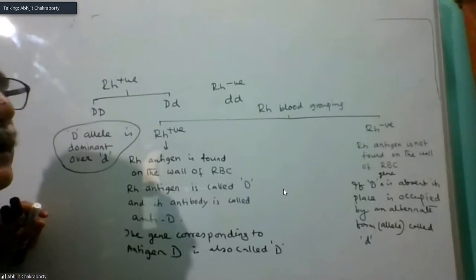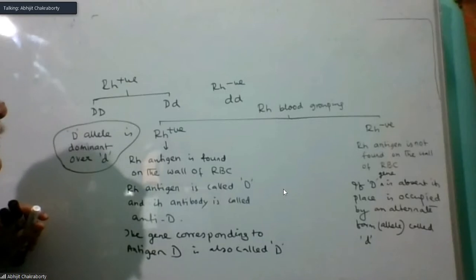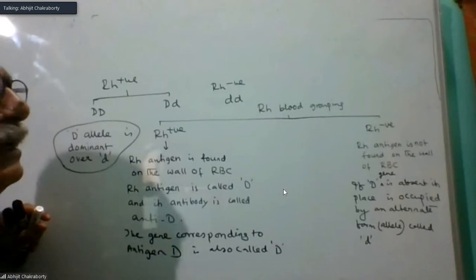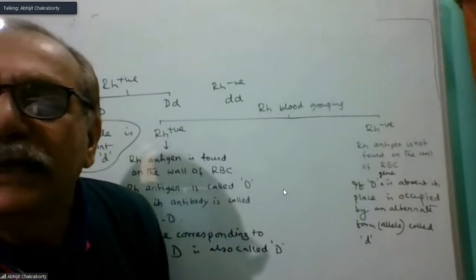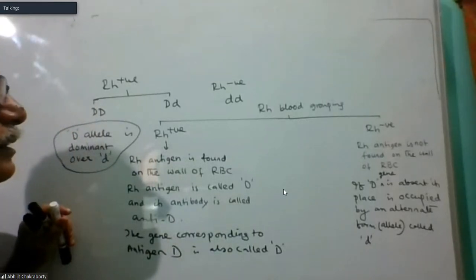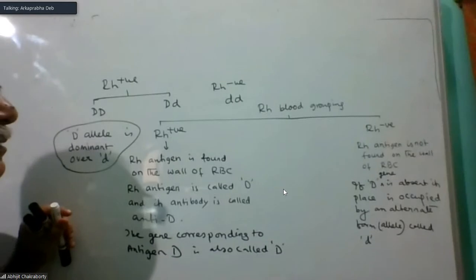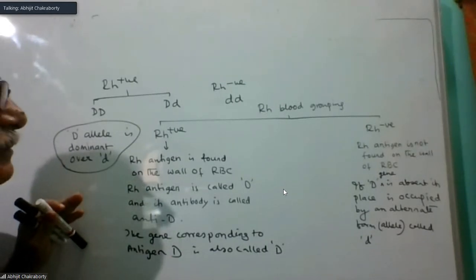That's why an Rh positive individual should have the genotype either capital D capital D or capital D small d, whereas an Rh negative individual should have the genotype small d small d. Is it clear? Yes, sir, clear. Okay, so it's clear to everybody, Rh positive and Rh negative.